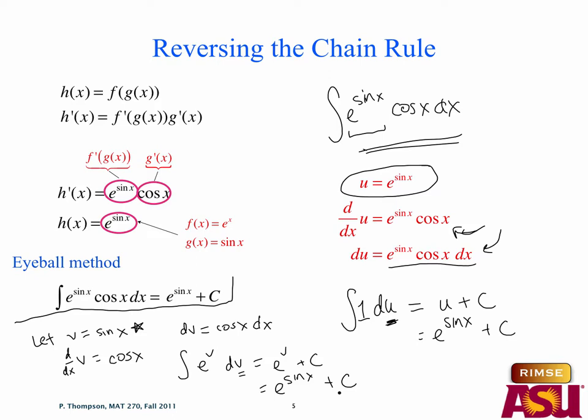of this substitution process is to be able to rewrite an equivalent integral that's just simpler, right? So instead of starting with an integral of e to the sine x cosine x, look at what we got. We got an integral of 1. Well, that's just about as easy as it gets, right? Or an integral of e to the v.